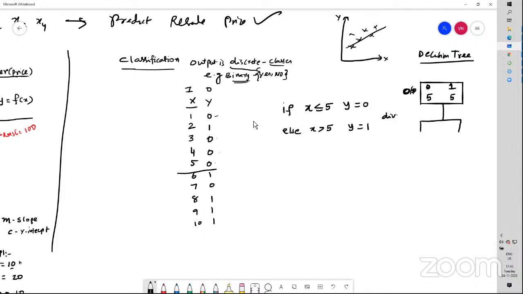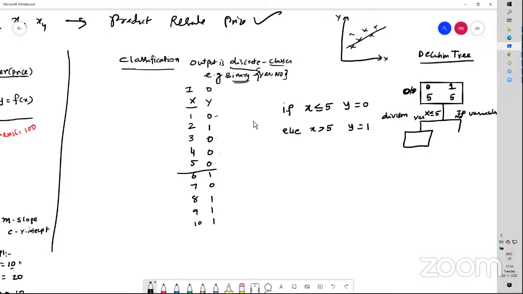Division happens on input variables. What input variable we have here? X, only X. So X less than or equal to 5, yes this side, no this side. So these observations will go to the left child.